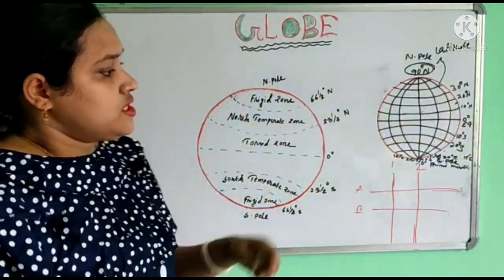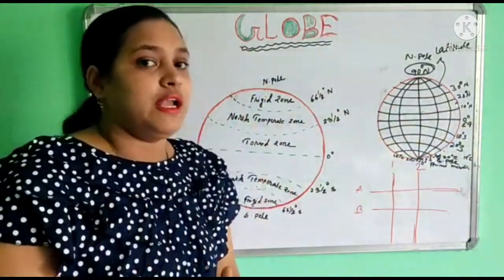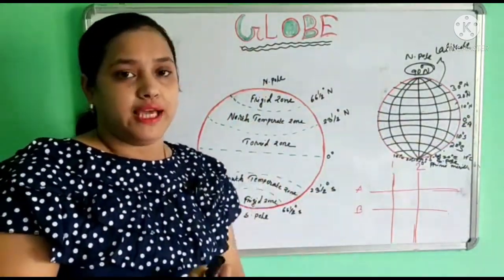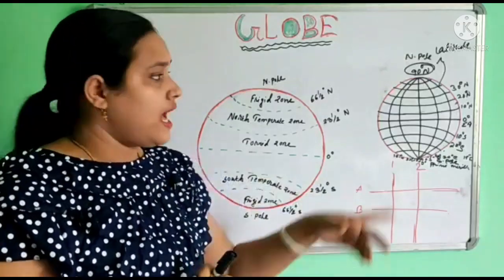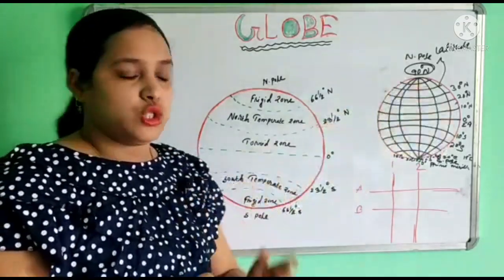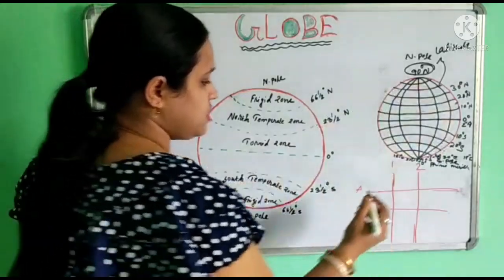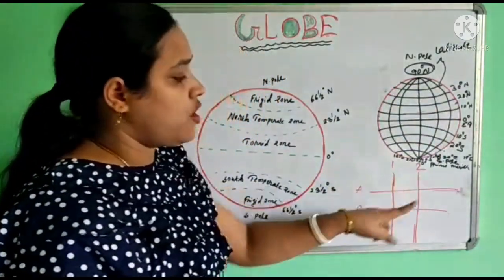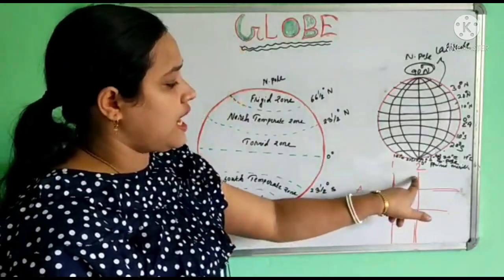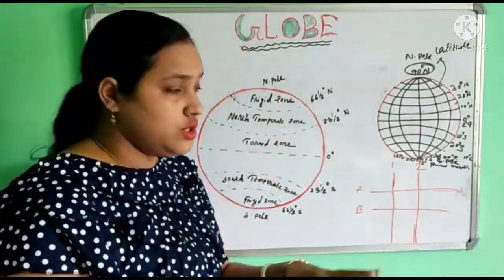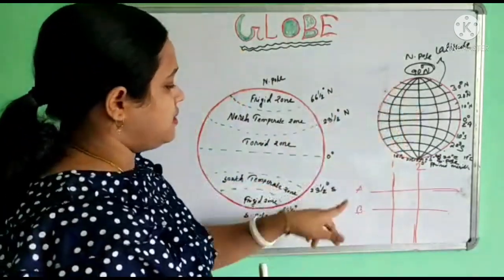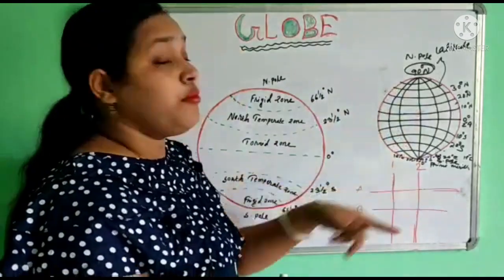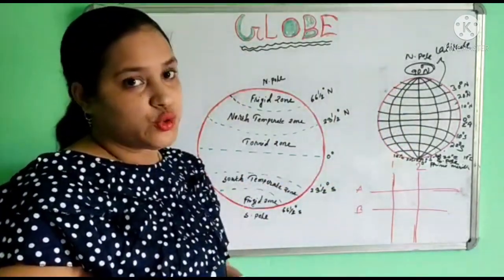Now I'm just giving you one example of how to find out any place on our earth with the help of latitude and longitude. So I'm just putting some small circles here. I'm just drawing vertical lines and horizontal lines. These vertical lines actually represent longitude on our earth, and this A and B represent parallels of latitude.